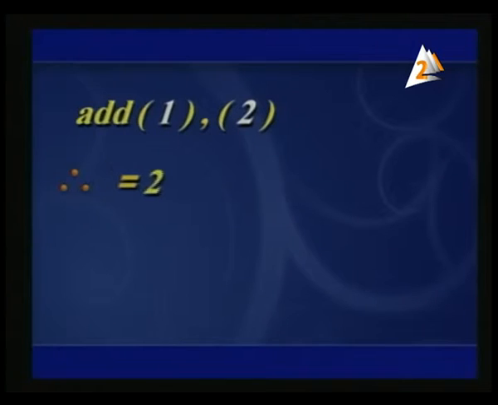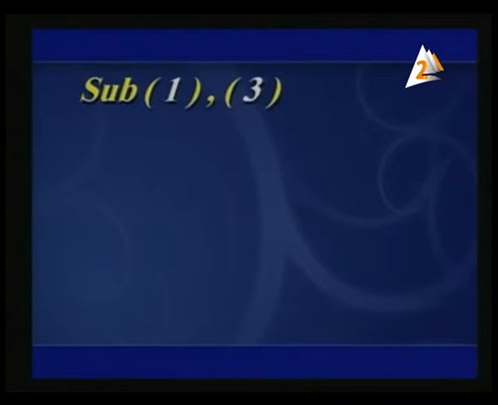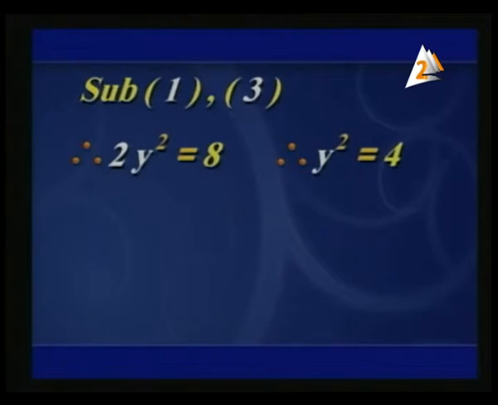By adding number 1 and 2, 2x squared equals 2, then x squared equals 1, therefore x equals positive or negative 1. Subtract 1 and 3, therefore 2y squared equals 8, therefore y squared equals 4, then y equals positive or negative 2.